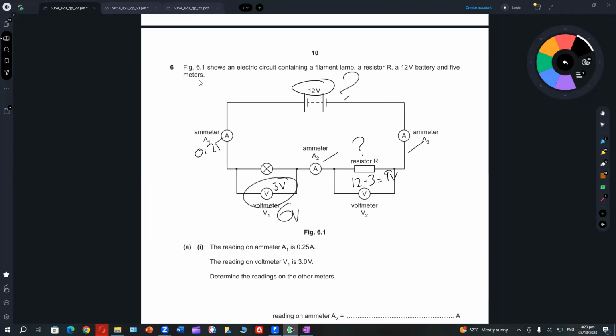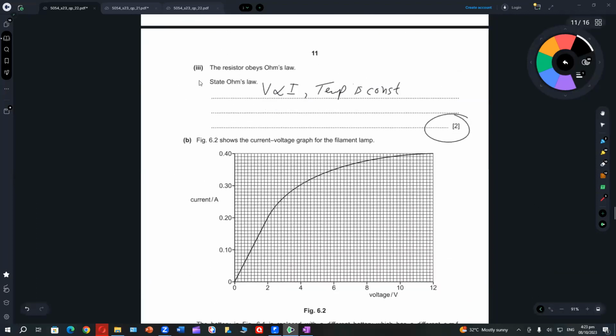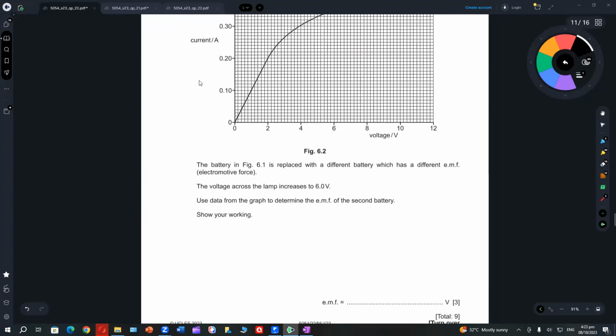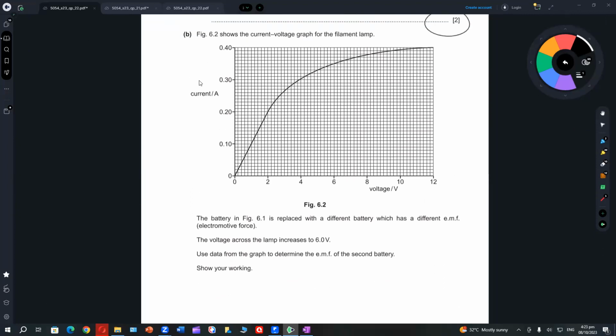He's asking the EMF of the new battery. Use data from the graph to determine the EMF of the second battery. Show your working. Now read the question and try to answer this. Let me know once you get an answer.